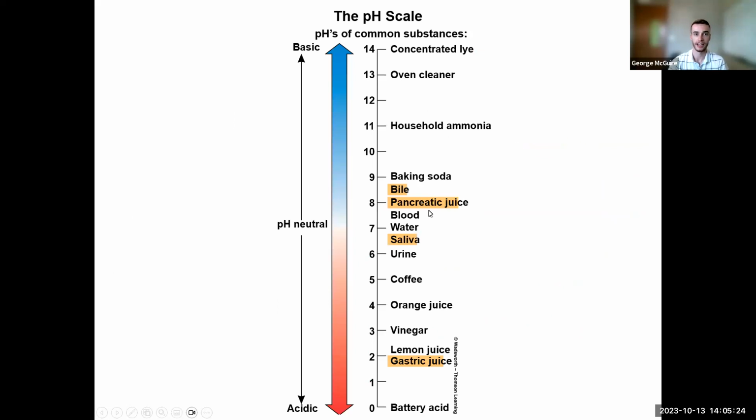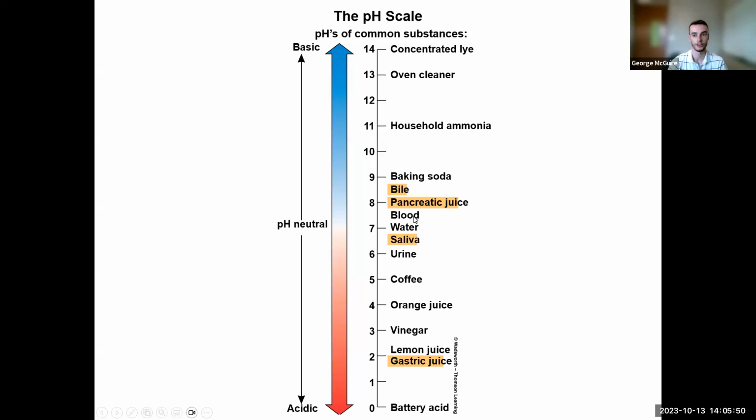Here's a look at where each of these secretions falls on a pH scale. A pH scale runs from 0 to 14, with water being neutral at a pH of 7. The more acidic a substance is, the lower the pH is, and the more basic a substance is, the higher its pH is, up to 14.